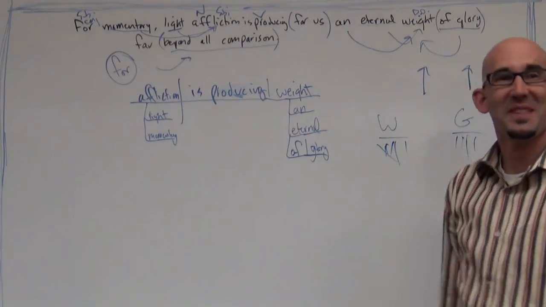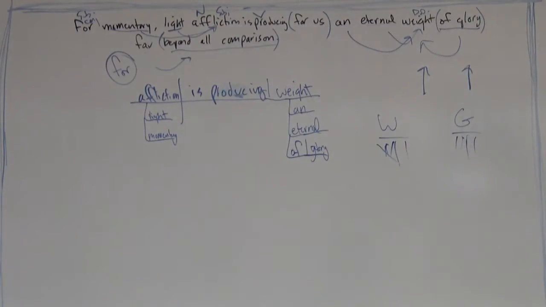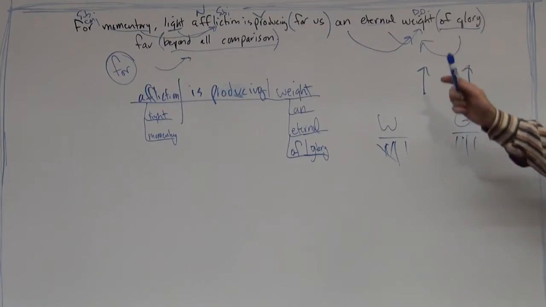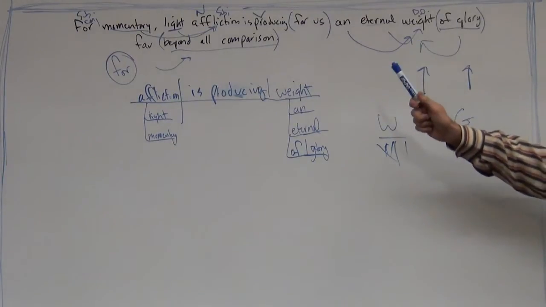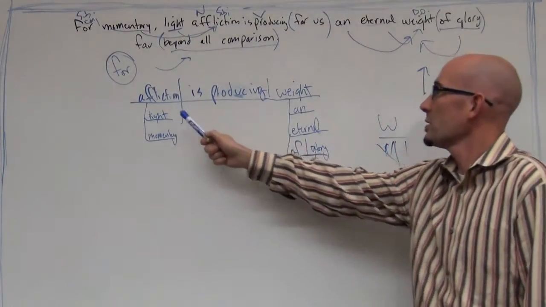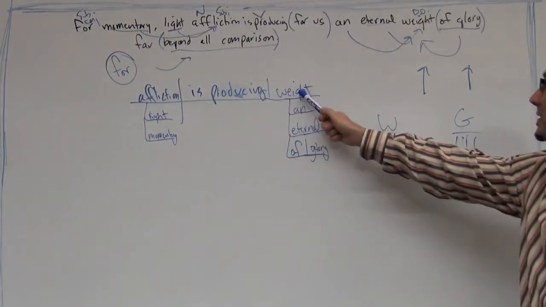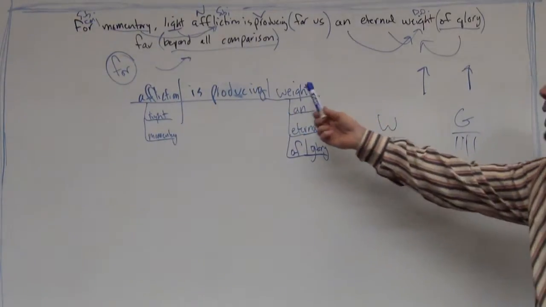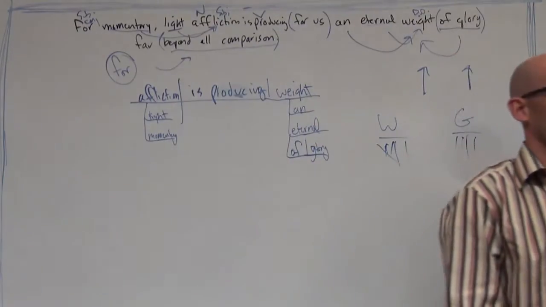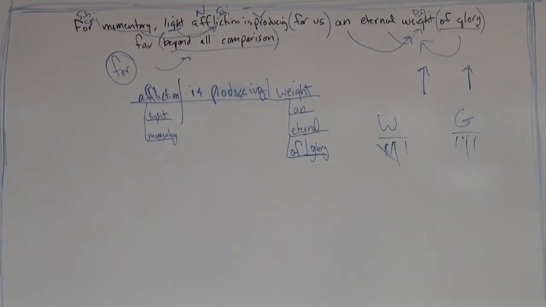That's the answer. Let's ask some questions. Is Paul saying a momentary light? Let's simplify it. Affliction is producing weight. What kind of weight? A weight beyond all comparison. And by weight, what he has in mind here is significance.